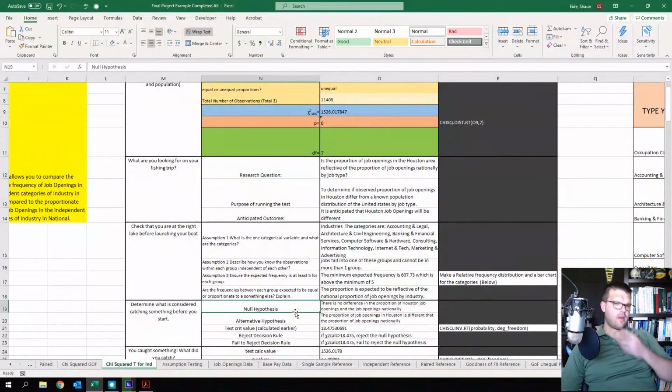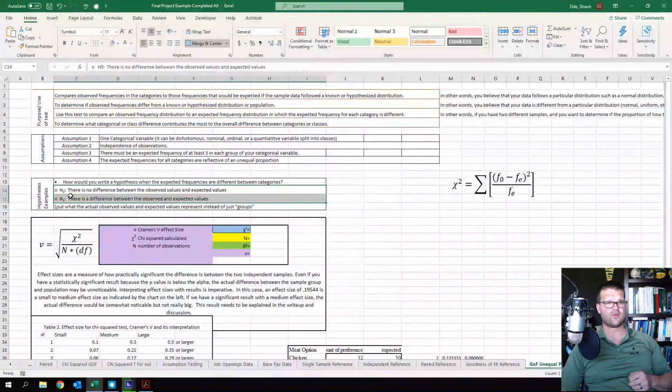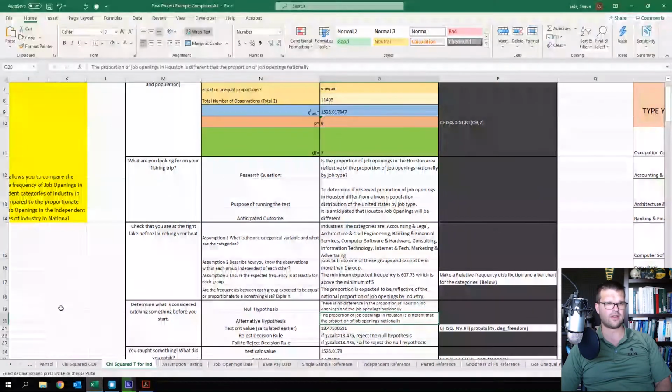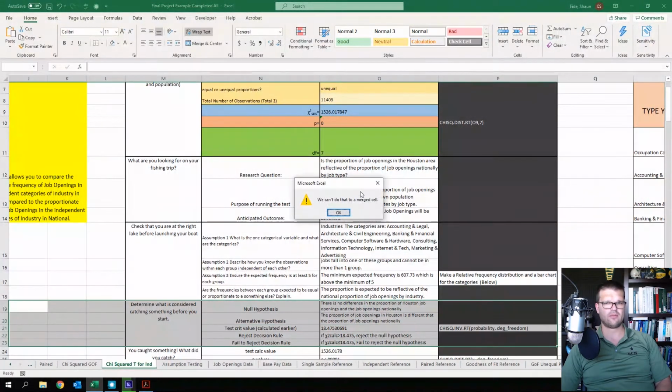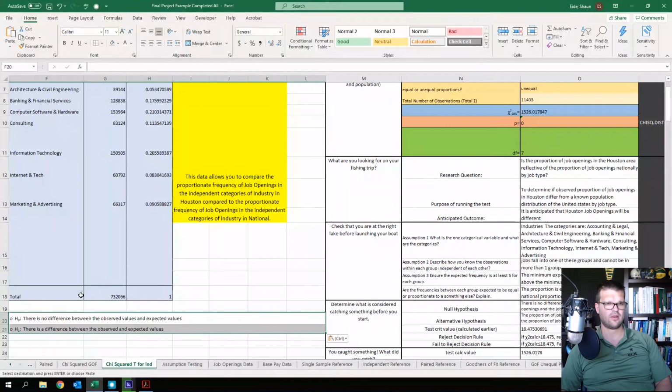For the null hypothesis and the alternative hypothesis, you can literally go to the goodness of fit for unequal proportions, and there's an example of the null and the alternative hypothesis right here. You can copy these and go back to yours for the null and alternative hypothesis, and let's put it right here so you can see it.